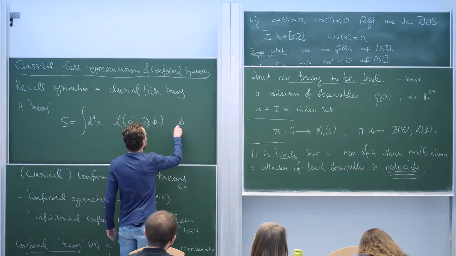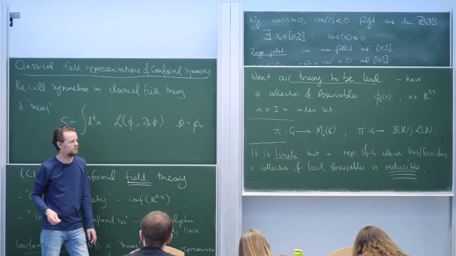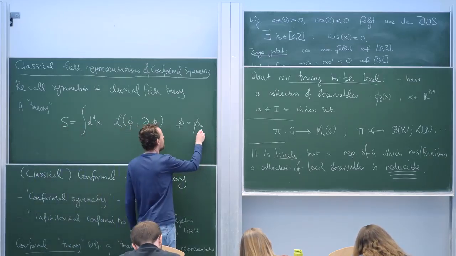And phi underline means you've got a bunch of fields labeled by some index set.